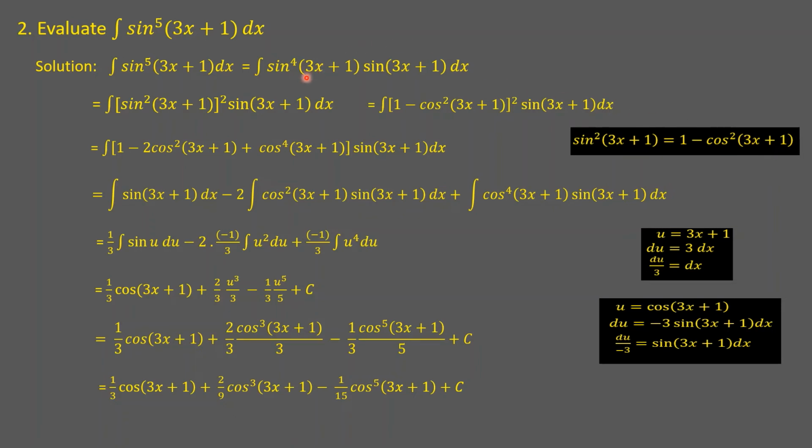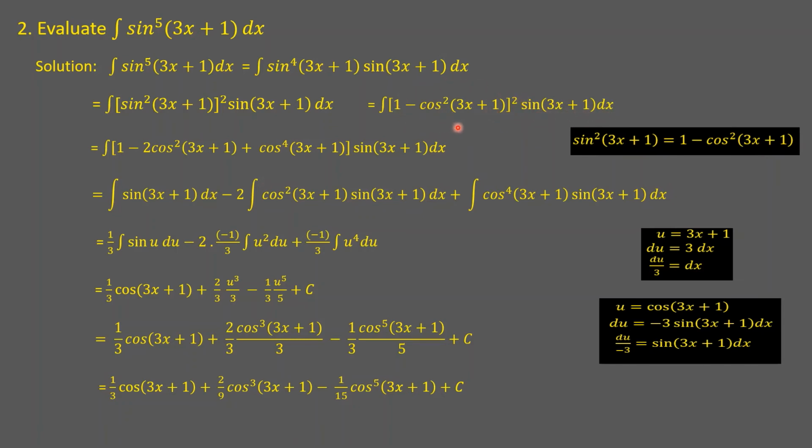Now, sine to the 4th of 3x plus 1 can be expressed as the square of sine squared of 3x plus 1. It is to this factor of sine squared of 3x plus 1 that we apply the identity given earlier, and express the integral as the integral of the square of 1 minus cosine squared of 3x plus 1 times sine of 3x plus 1 dx.